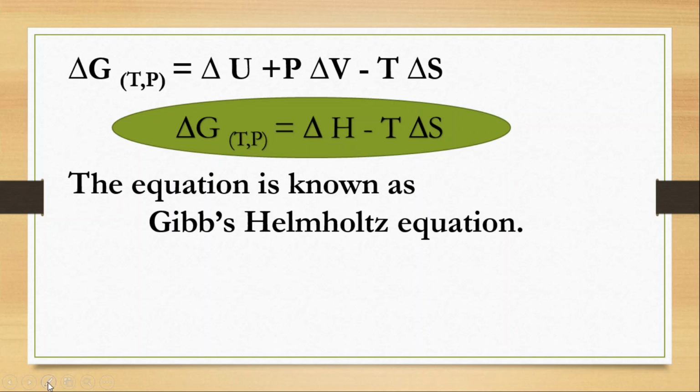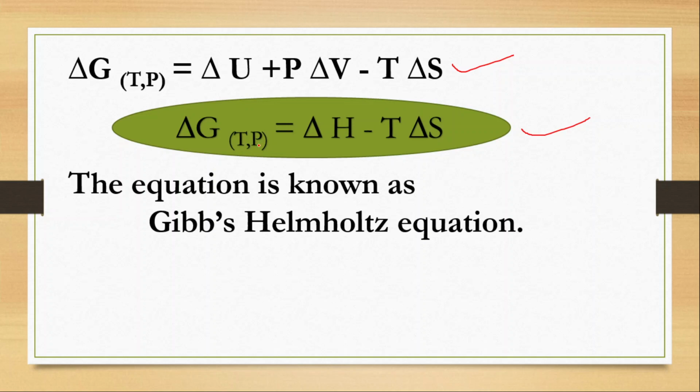Remember both the formulas are very important. This equation is called the Gibbs-Helmholtz equation: delta G equals delta H minus T delta S.